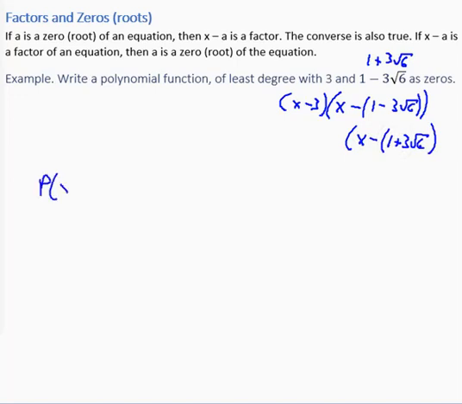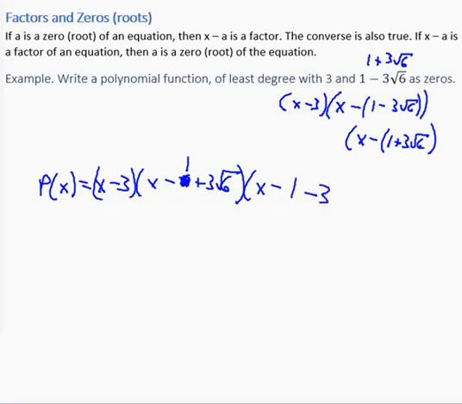Let's just write p of x for our polynomial equals x minus 3 times, we'll distribute our negative here, x minus 1 plus 3 root 6. Then x, distribute this negative, x minus 1 minus 3 root 6.